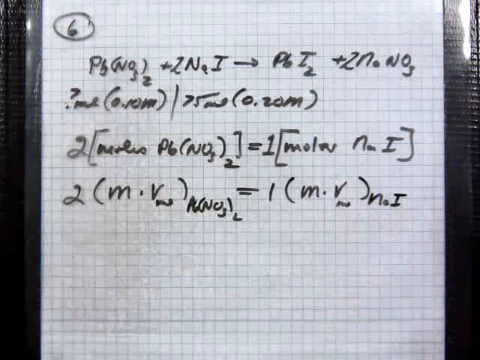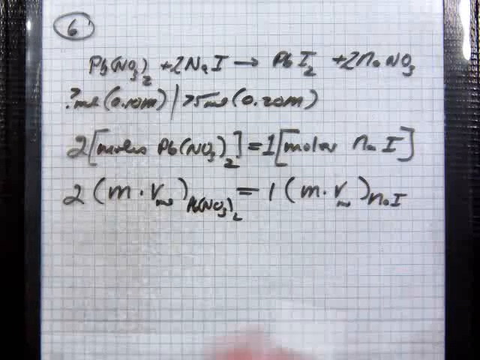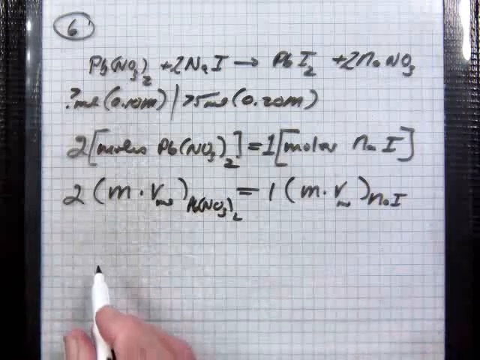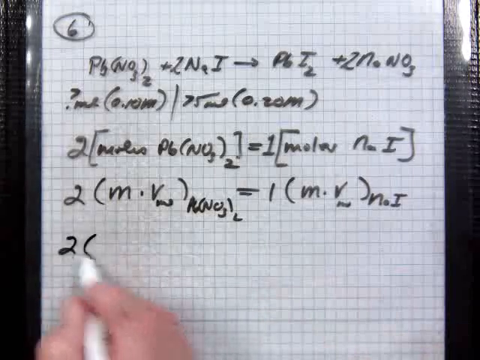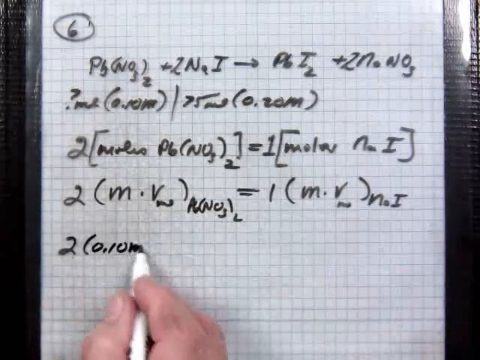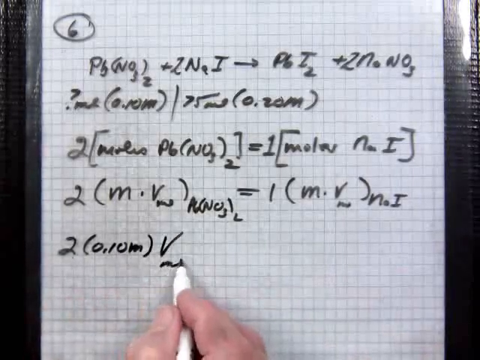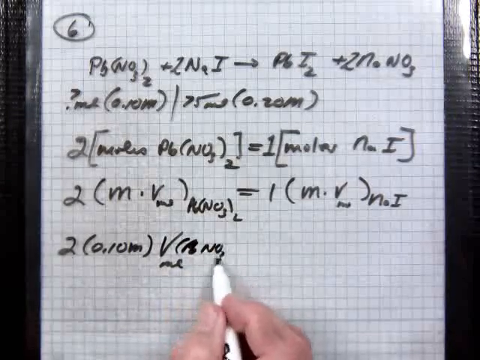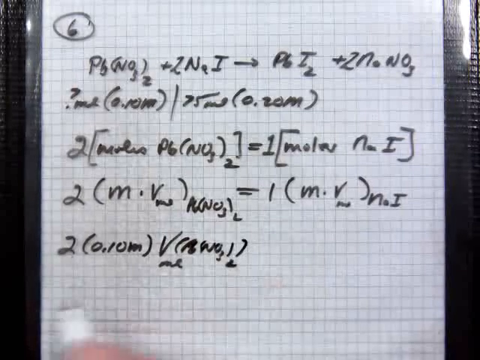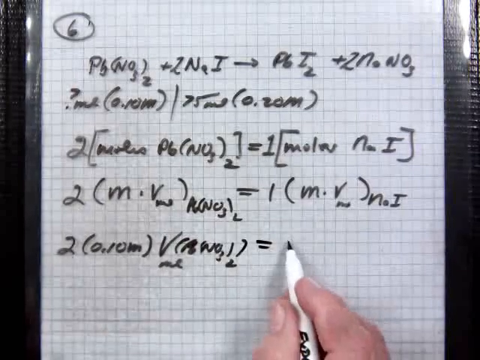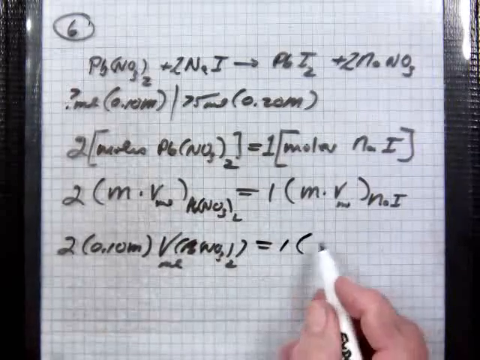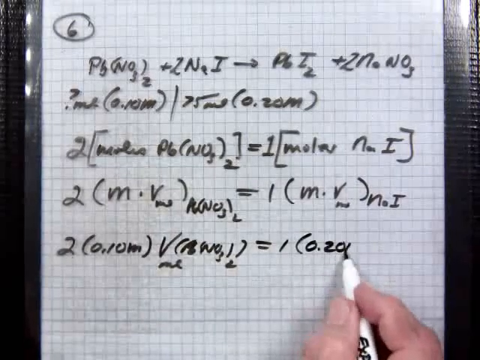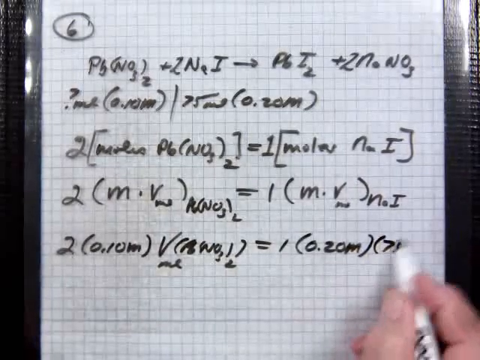So we're starting to focus on the objective of the problem now. So we either put in the data or solve this one. So the lead nitrate, it's 2 times 0.10 molar times volume in milliliters of the lead nitrate, and that's equal to 1 times the molarity 0.20 molar times 75 milliliters.